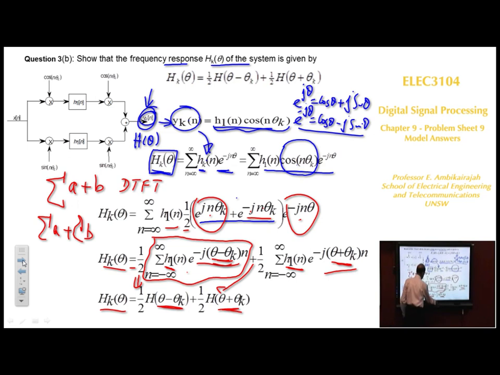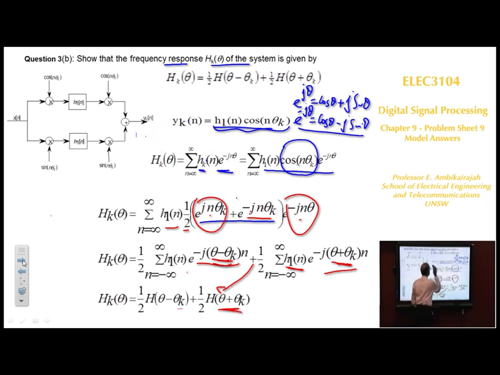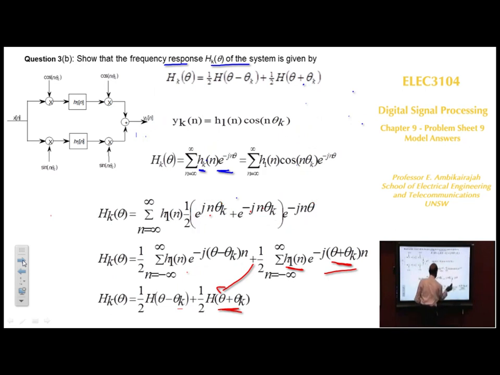So basically what you have done here is, if you go back and relook at it again, this is given, you need to find h theta k, which is like yk theta. It's the same thing.